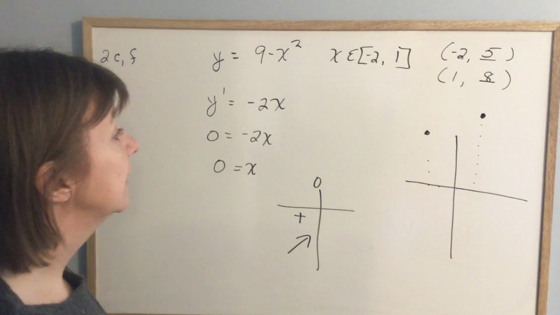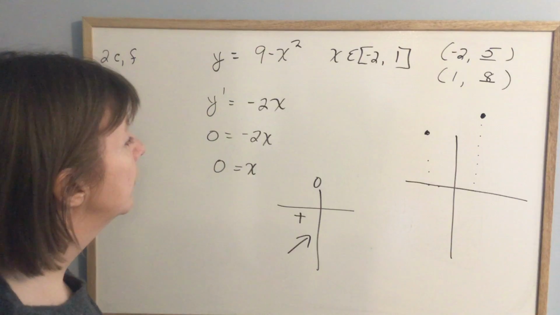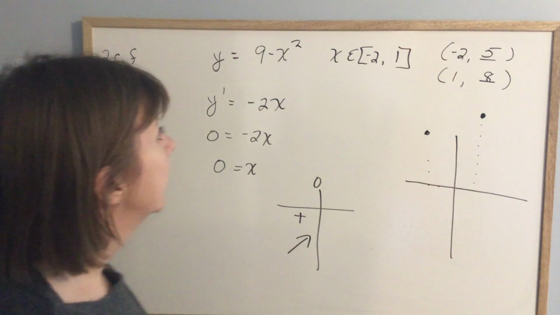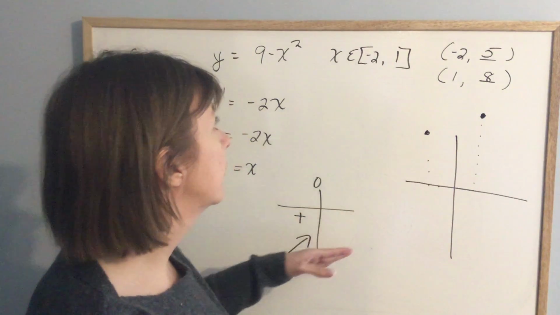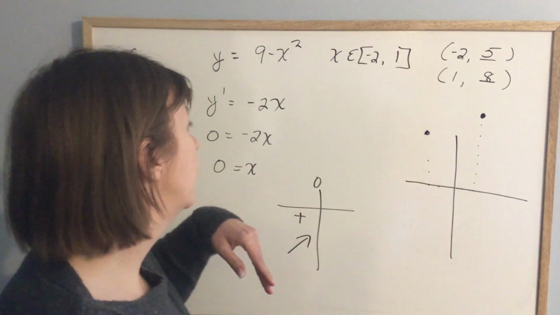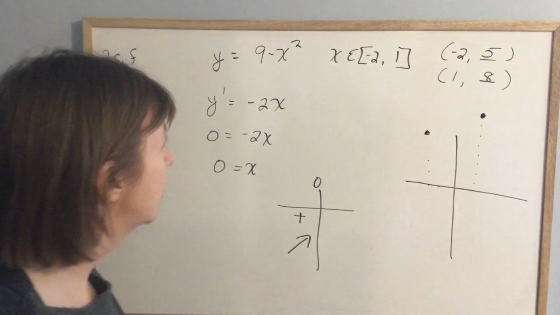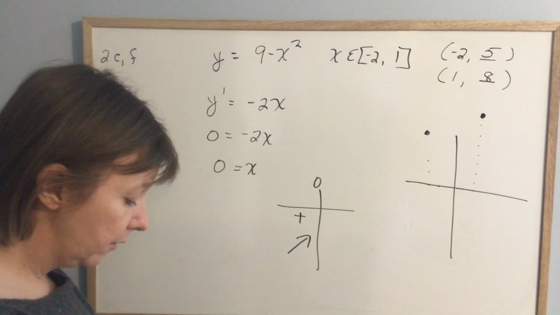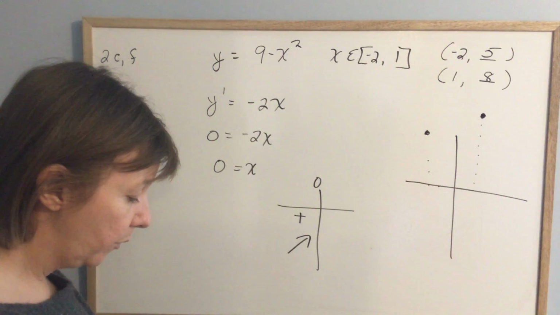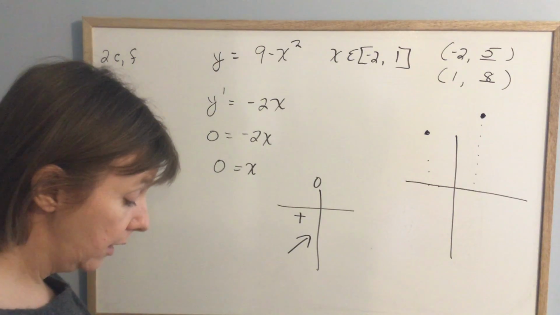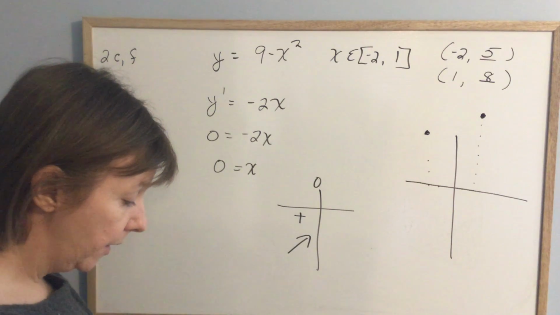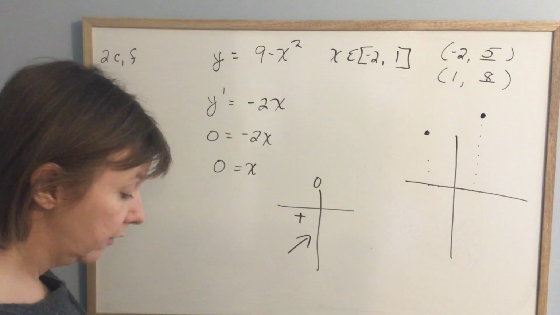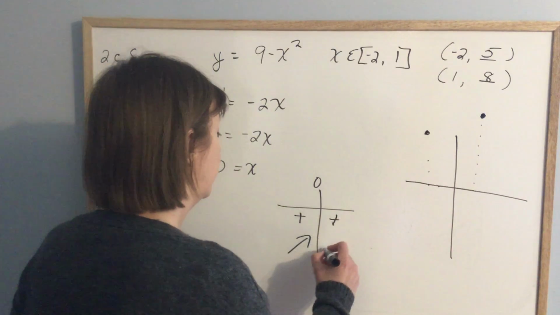And then I'm going to try something after 0. I already know what 1 is, but let's try 0.5. 0.5 squared, and 9 minus that is 8.75.